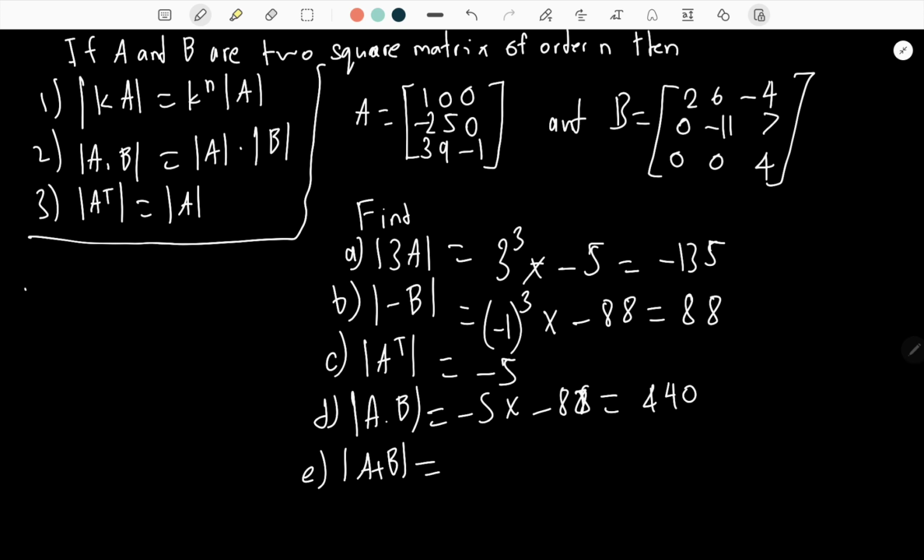The matrix will be 3 6 -4, then -2 -6 7, and then 3 9 3, and then you just find the determinant using row reduction. You can do that yourself, I won't be doing it.